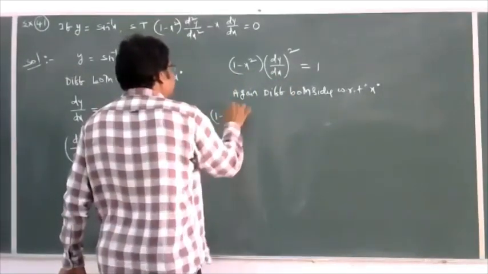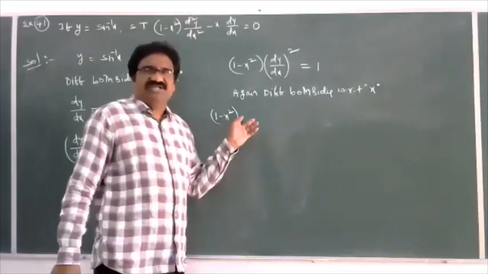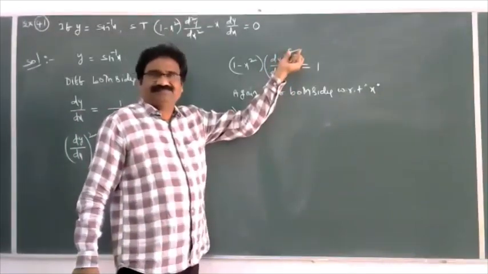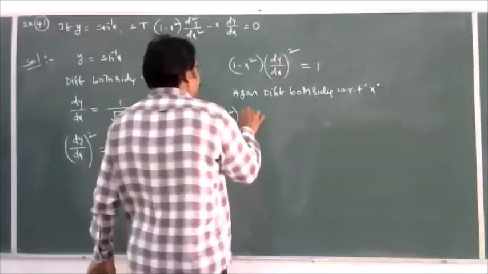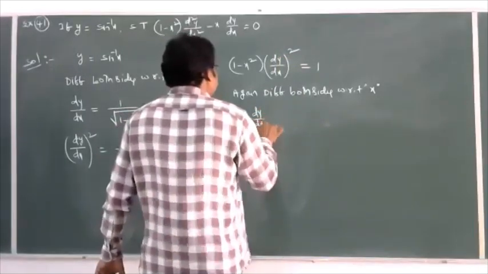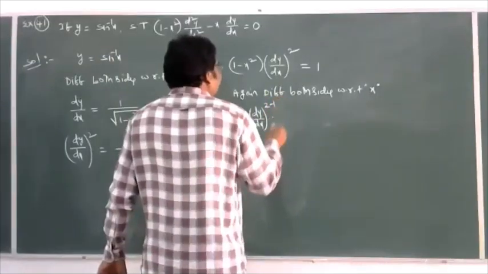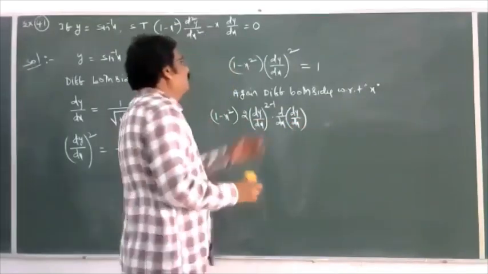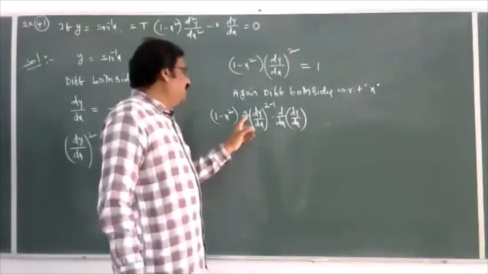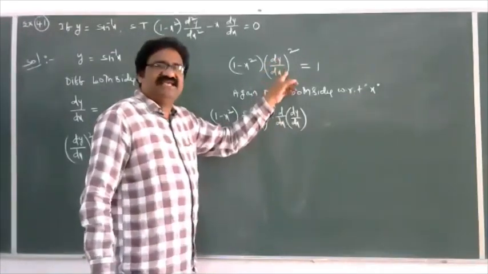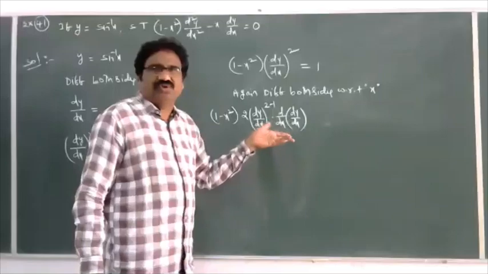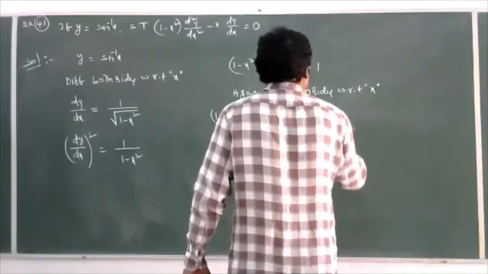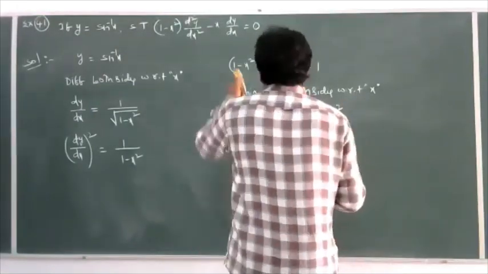First function 1 minus x square into the derivative of this, you treat this as x power n. X power n derivative n into x power n minus 1, that is 2 into dy by dx whole power 2 minus 1 into d by dx of again dy by dx, by using chain rule, plus dy by dx whole square, second function, into derivative of first function.